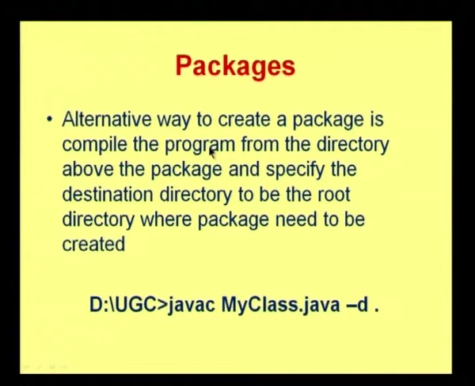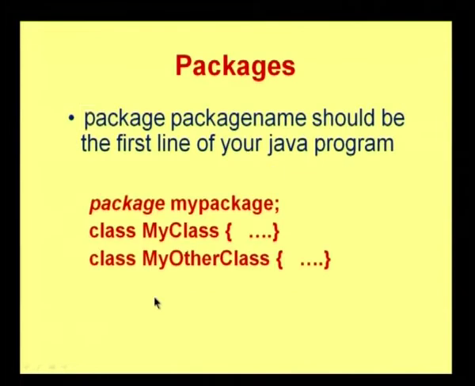Next, an alternative way to create a package is to compile the program from the directory above the package and specify the destination directory to be the root directory where the package needs to be created. So, for example, you can see d:\ugc, we have a folder called UGC, and you have already seen that here my package is the package, and under that I have two classes.